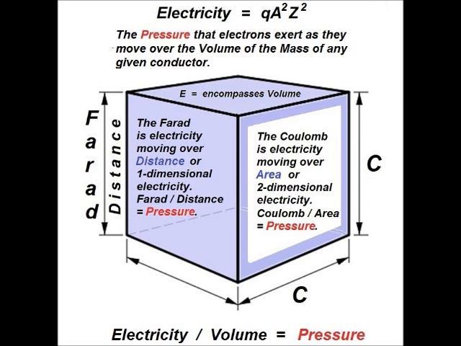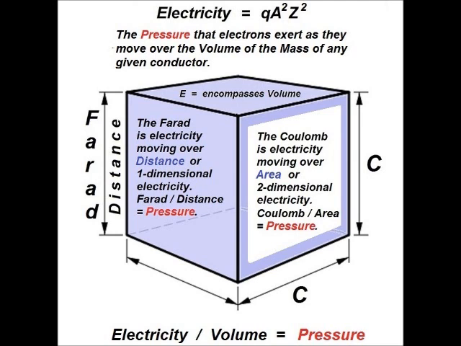So the electricity in total flowing over the cube is qa squared z squared. However, only on the one side it exists in the form of charge, or the coulomb.